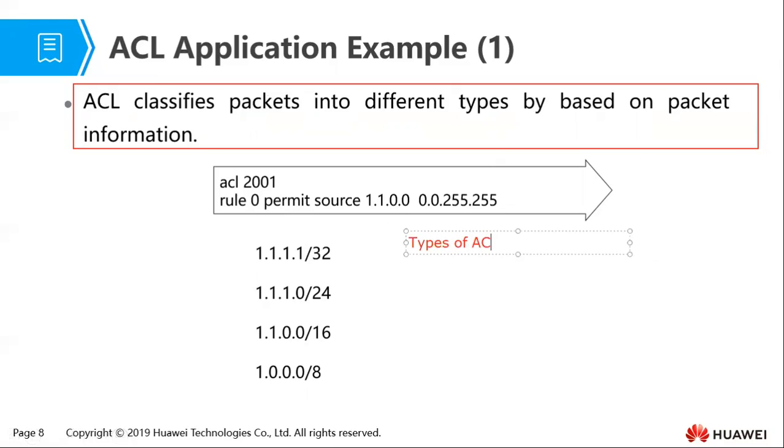We know the types of ACLs. For example, we have the basic ACL that is created using a value between 2000 all the way to 2999. This one simply uses the source IP address to identify a traffic flow.